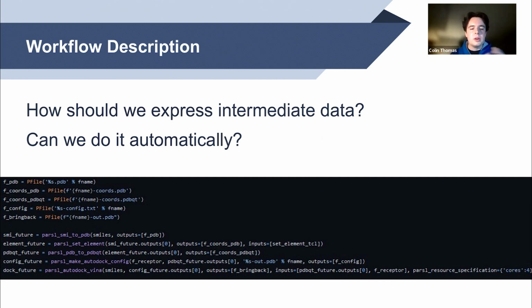We say whether or not we want it to cache, whether or not we want workers to be able to transfer it between each other, and in this case, we declare a temporary file to exist in the TaskVine workflow system. However, in the modification I made to the Parsl executor, at least in this preliminary result getting, I was declaring every output of a task to be a temporary file.